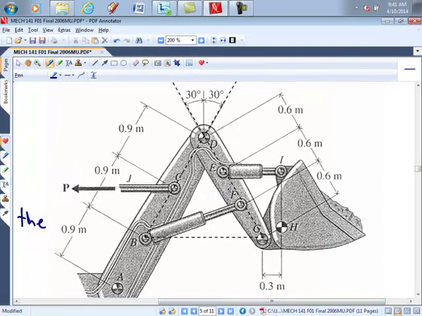All right, so how can I figure out this angle? We're going to have to use the cosine law.